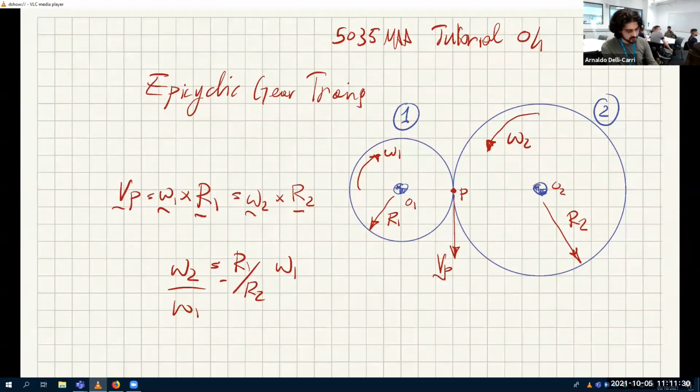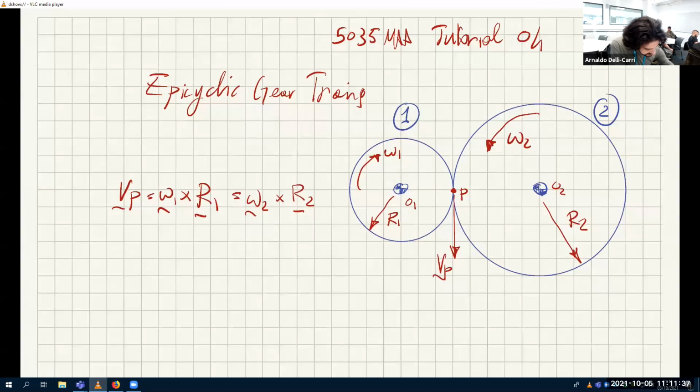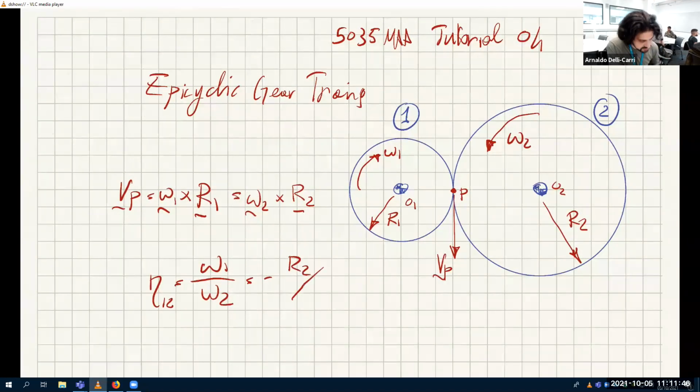So I can get rid of this. In fact, let me rewrite this in a better way. I'm going to say that eta 1,2 is omega 1 over omega 2, which is minus R2 over R1. Do you agree with me?